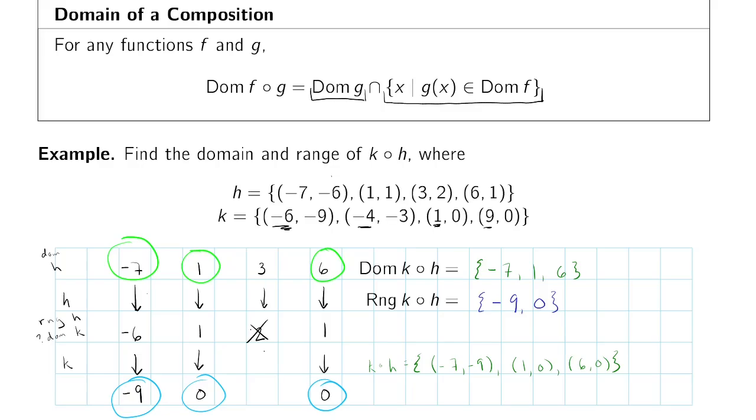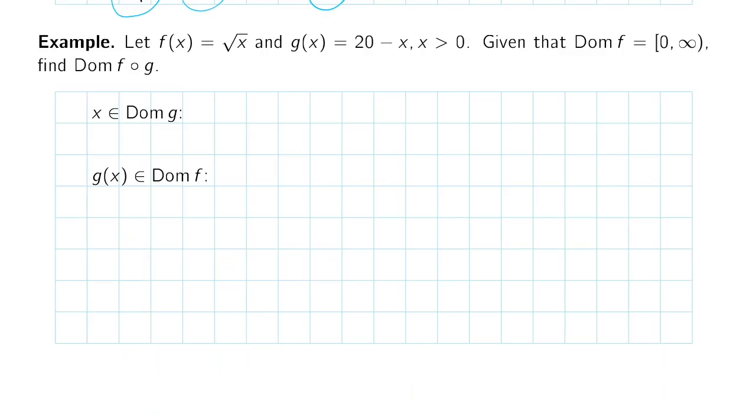Next, let's think about what we can do when our functions are given as equations. Here we have two functions, f and g. F is the function square root of x. G is the function 20 minus x with the domain restriction x has to be greater than 0.